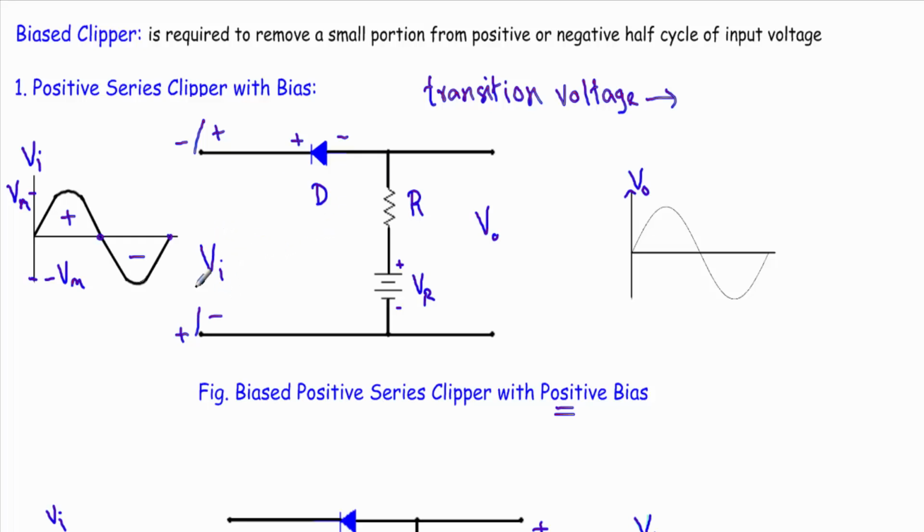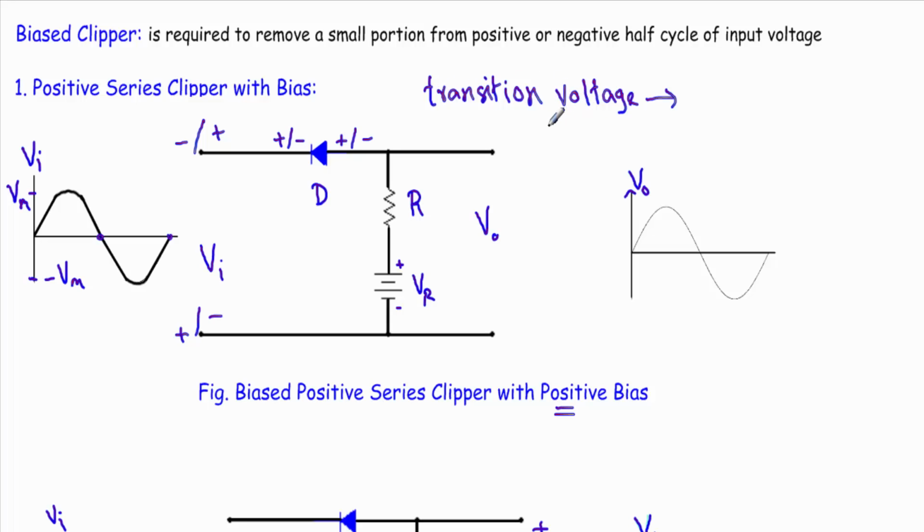That means this input voltage is trying to drive the diode in reverse bias. Now consider the effect of the reference voltage. The positive terminal is connected with the P side and the negative terminal is connected with the N side of the diode, whereas in case of the input voltage, the negative terminal is connected with the P side and the positive terminal is connected with the N side.